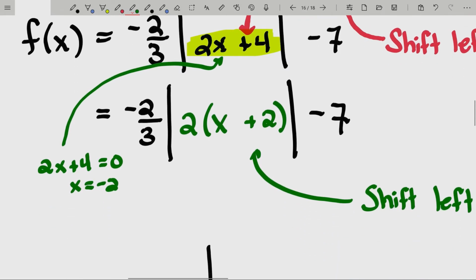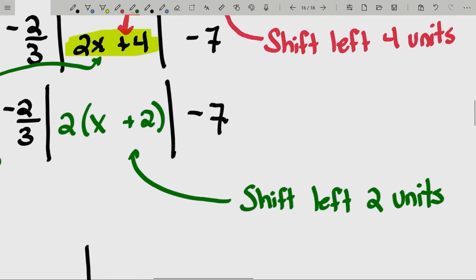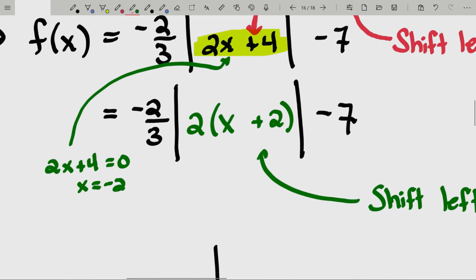And so that tells me that's where it's been shifted 2 units in the negative direction along the x-axis. And if you look at that, shifted left 2 units. So that is a cool little trick that you can use. You're just asking, when is the argument 0? That's where it has been shifted in the horizontal direction.